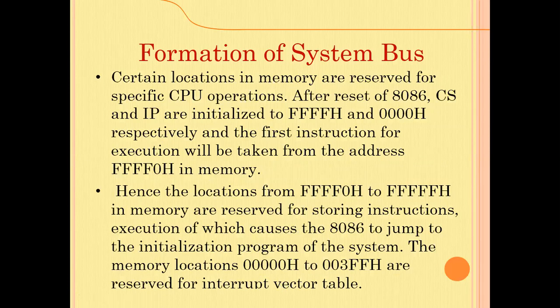And whenever we reset the microprocessor, CS and IP are loaded with the values FFFF and 0000, so that the physical address starts from FFFF0. So this will be the default address whenever we restart or reset the microprocessor. Thank you.